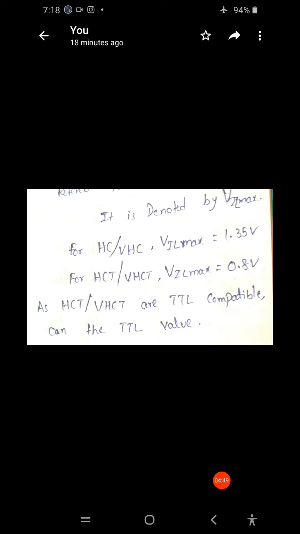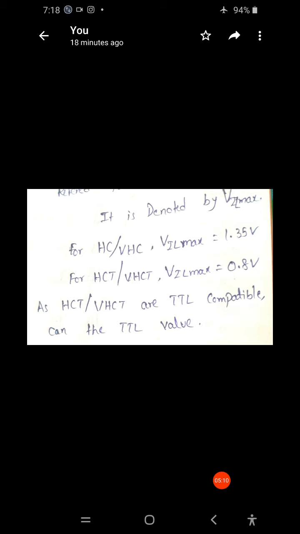HCT and VHCT are TTL compatible, so they can take the TTL value.